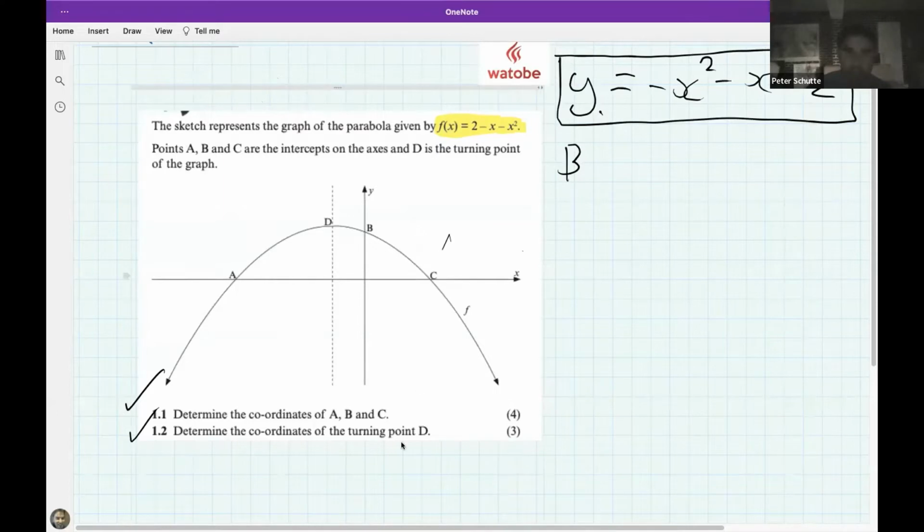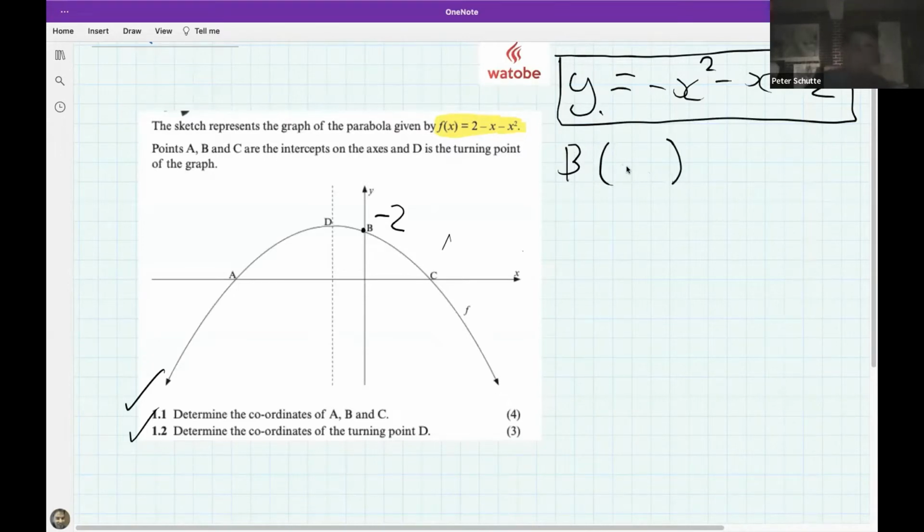Nkanyezi, I see your hand. Yes, y is equal to negative 2. You're absolutely right, if you look at the formula, the B is going to be negative 2, but it does say to write it in full coordinate form.